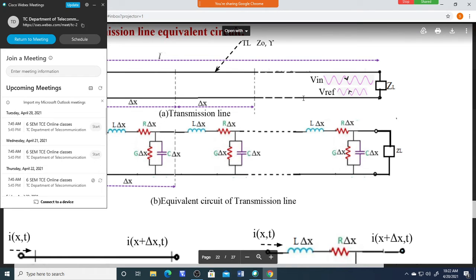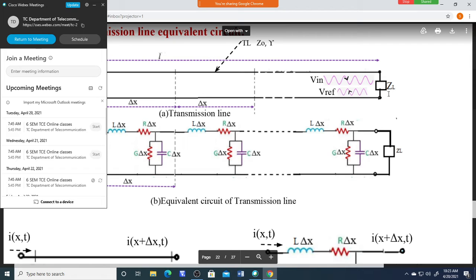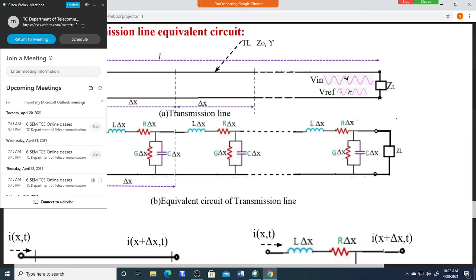Without that mathematical equation, we cannot get the value of the reflected wave, because usually before connecting this ZL, we want to know how much signal will be reflected back.